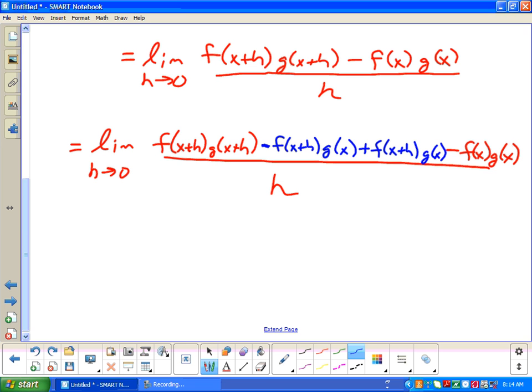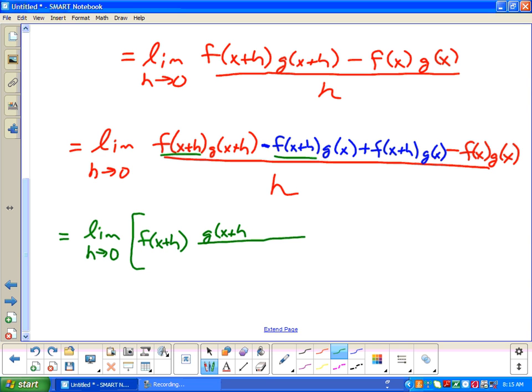But this helps us a ton, all right? Because what I can do here now, if you look here on the first two terms, you see that f of x plus h is common in the first two. So I'm going to make a limit here now, and I'm going to pull that limit out. I'm going to pull out f of x plus h, and you guys agree it's going to leave g of x plus h minus g of x all over h on the first two terms.